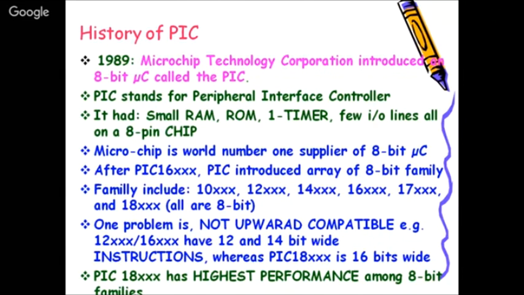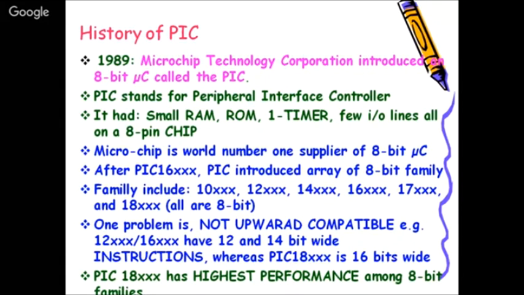And the only problem with them is that they're not upward compatible. For example, your 12x family or 16x family, they have 12 and 14-bit wide word counts. For example, your ROM, that means its storage, uses a 14-bit count. I'll explain when I explain the memory structure.